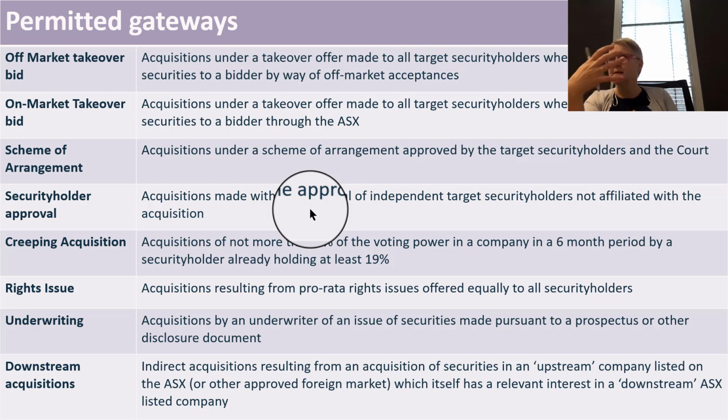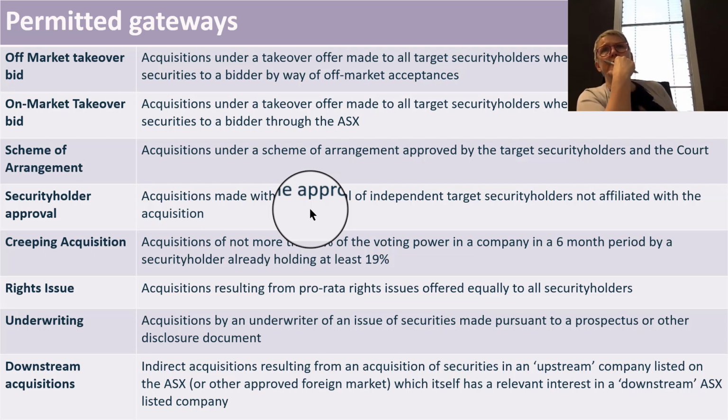There is a mechanism in the listing rules where there is a percentage of capital that can be available for new issues every year without shareholder approval. And if those issues result in a change to the voting control of a prohibited nature, then that shareholders' approval basically can follow from there.